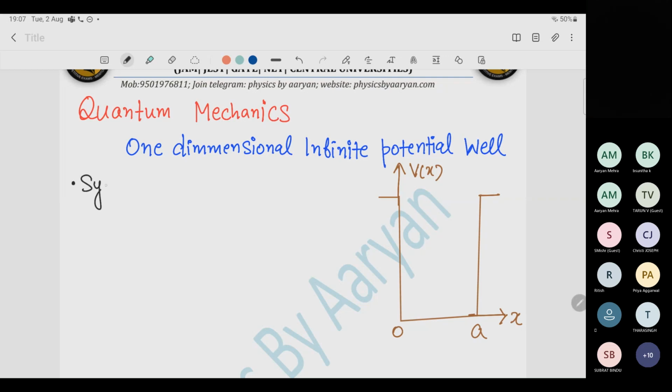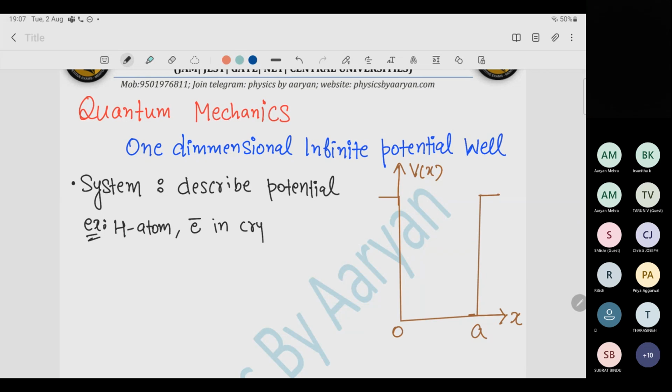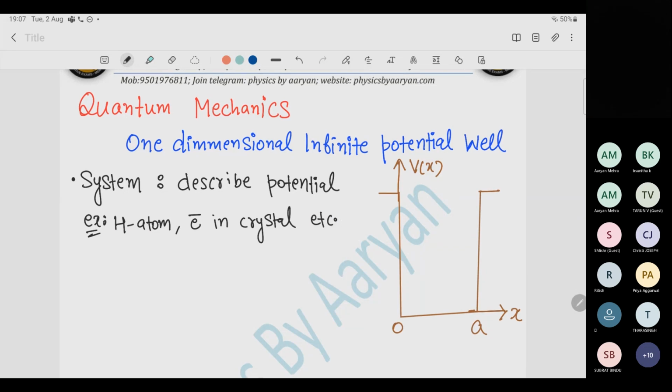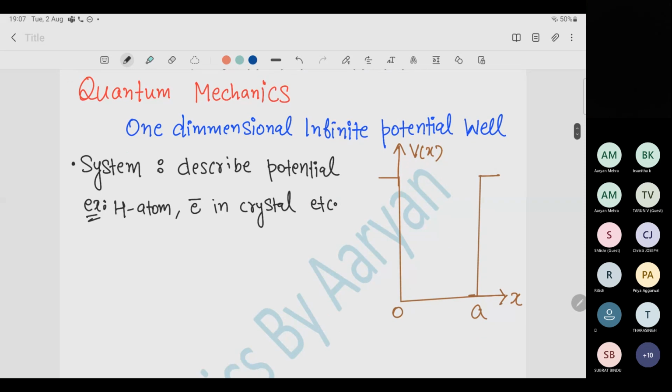In quantum mechanics, let's say you are describing some system. To describe that system, you need to describe the potential. So what are the quantum mechanical systems? First of all, let's say the hydrogen atom, or let's say an electron in a crystal, etc. If you want to describe the system which is the hydrogen atom, you need a quantum mechanical description.